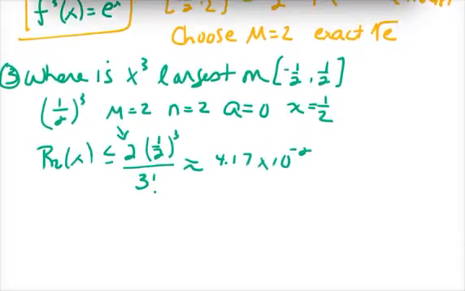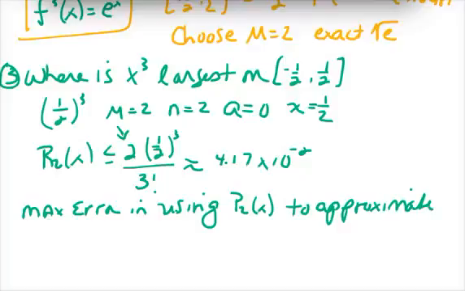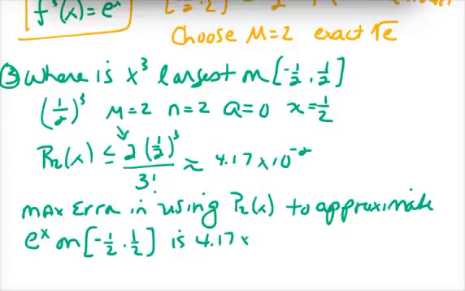So therefore the maximum error in using the second order Taylor polynomial, P2 of x, to approximate e to the x on negative 1/2 to 1/2 is 4.17 times 10 to the negative 2. Okay, that's it for that.